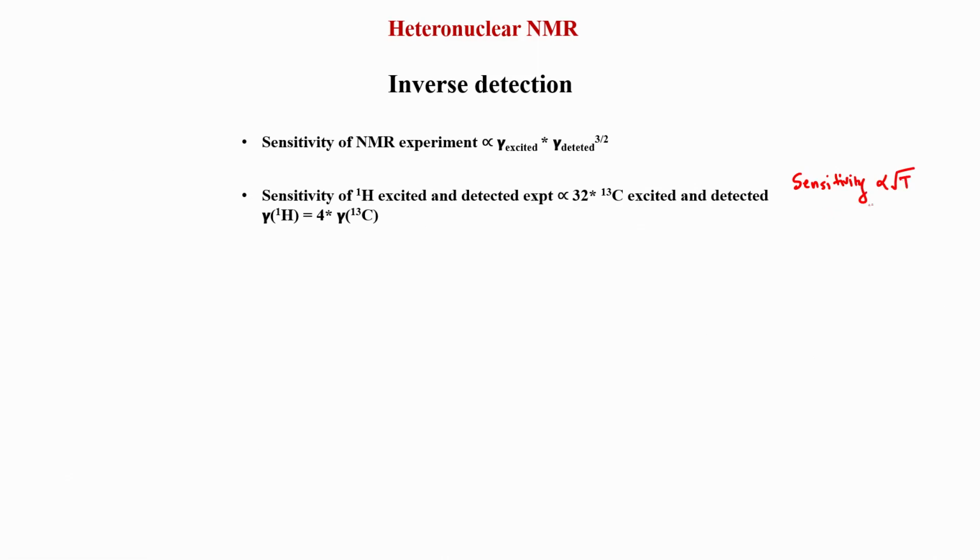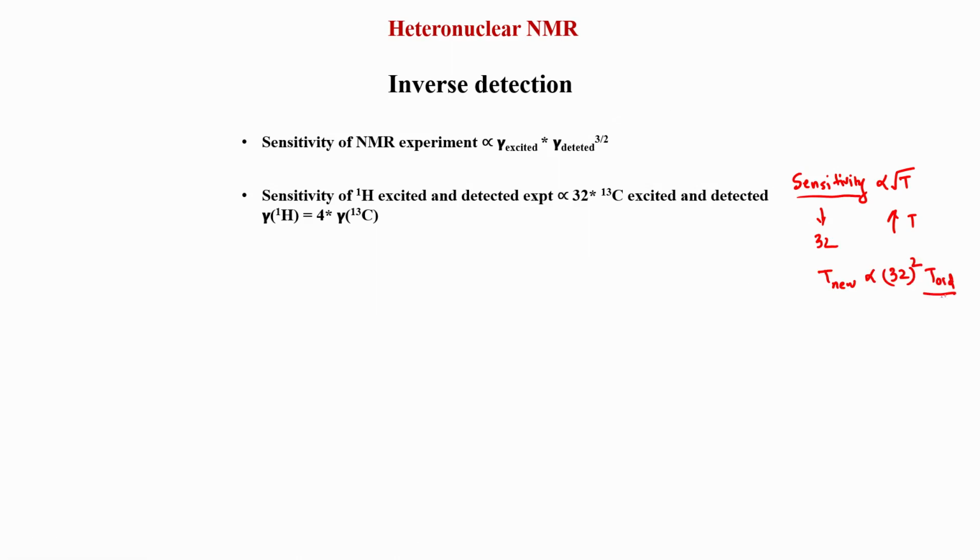So if my sensitivity is going down by 32 times, I need to increase the time to improve my sensitivity. To get the same sensitivity back, the new time has to be proportional to 32 squared times the old time.